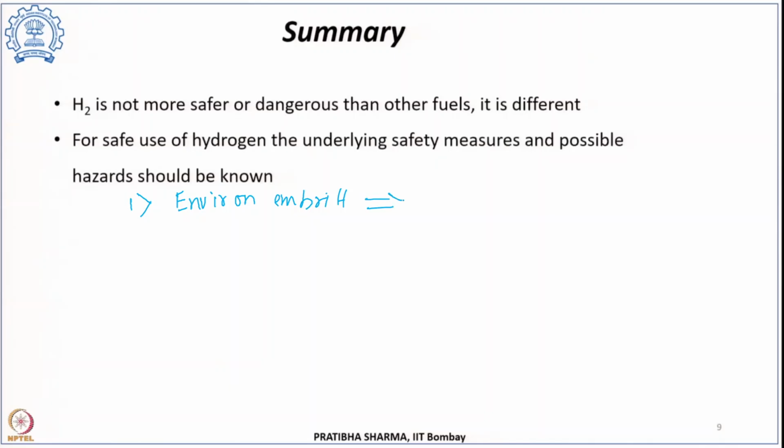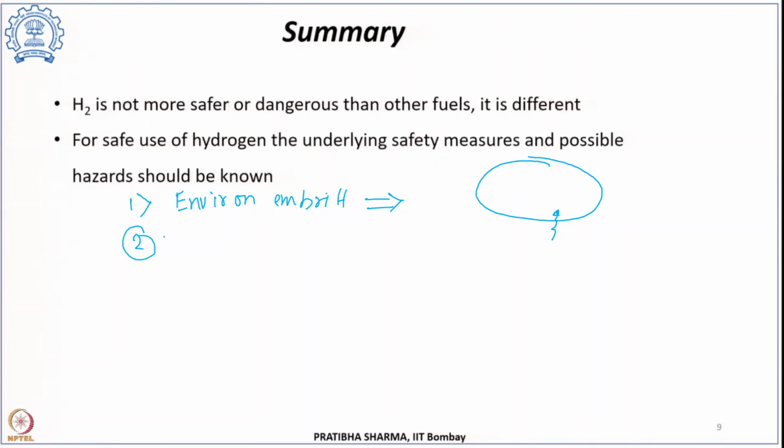What is the environmental embrittlement? The crack is propagated from the outer surface of the tank. Suppose this is your hydrogen-filled tank. The crack will be generated from the outer surface to the inner surface. This is the environmental embrittlement.